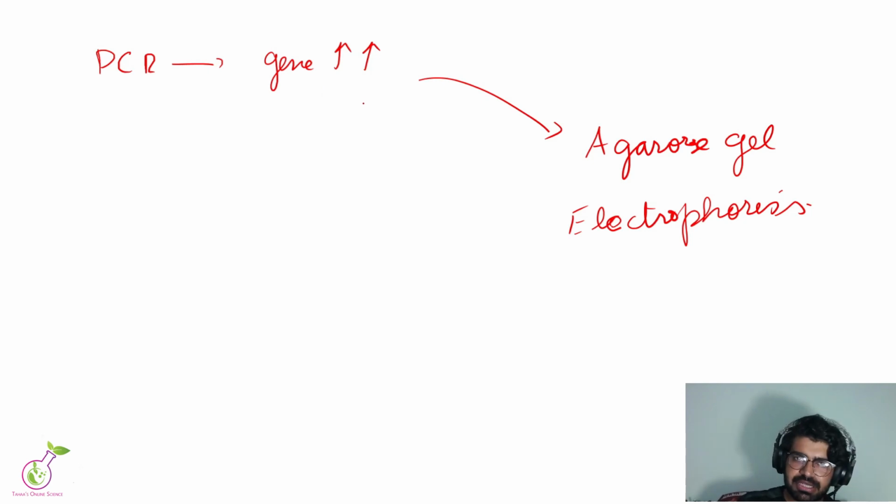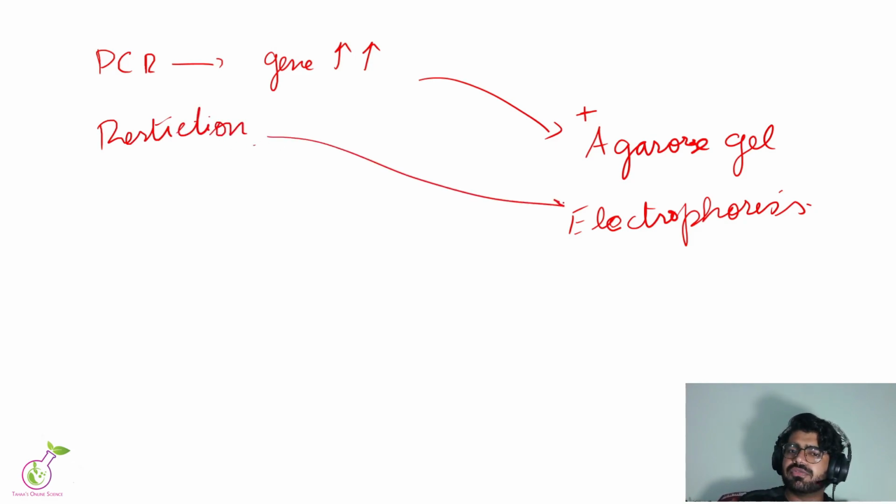Next step, if our gene is amplified, our gel electrophoresis results are positive, we go to the next step, we restrict our plasmid. So when we restrict our plasmid, we again go for gel electrophoresis to see if it's restricted or not.